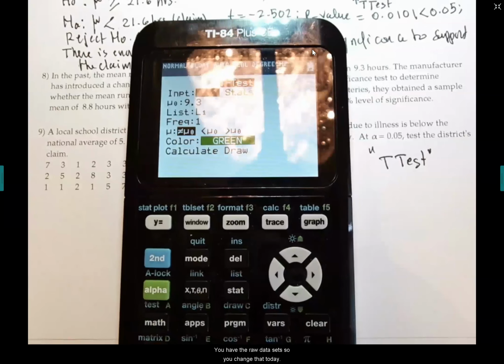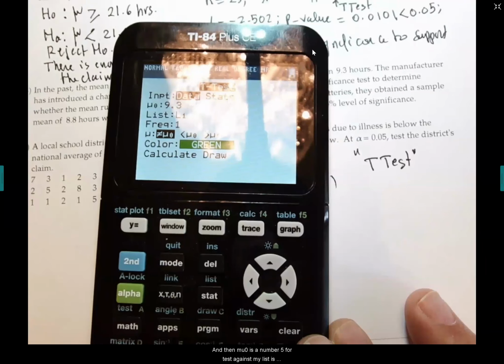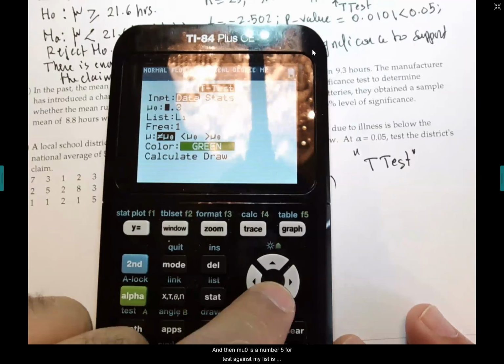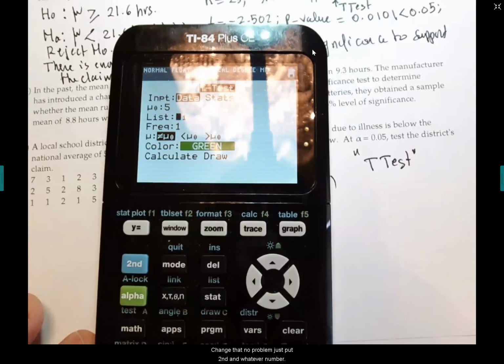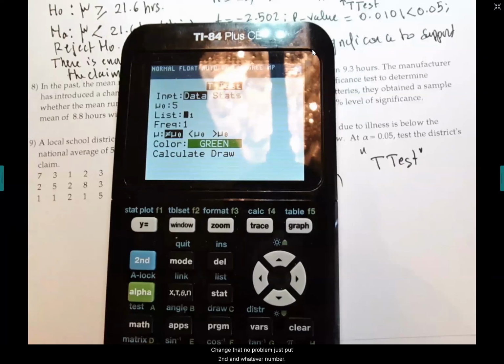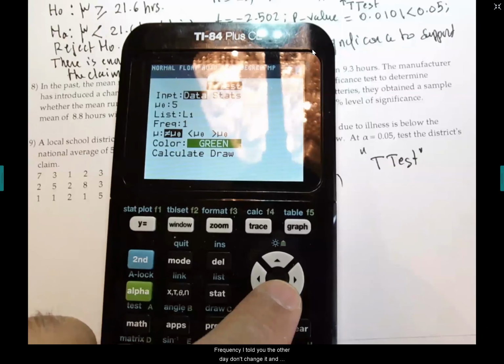You have a raw data set. And then mu0 is 5. We're testing against 5. My list is in L1. If you put it in another list, it's okay. You can change that, no problem. Just press second and whatever number. Frequency, I told you the other day, don't change it, and it's less than here.